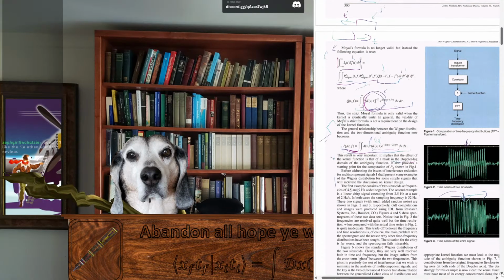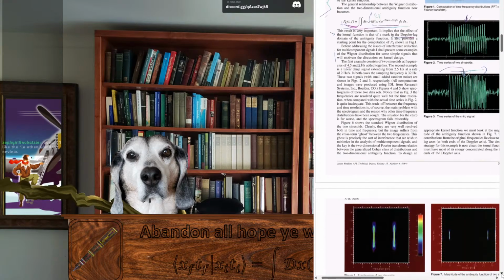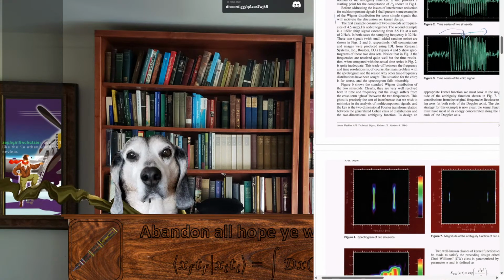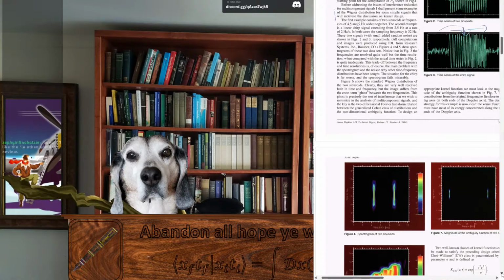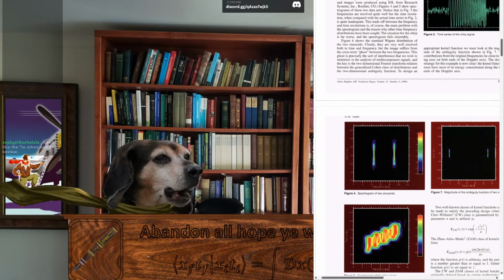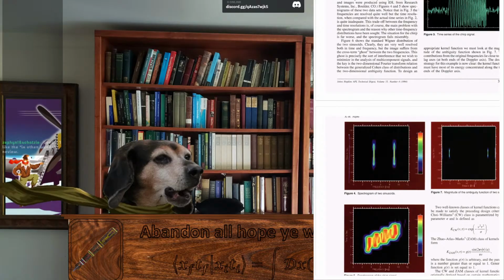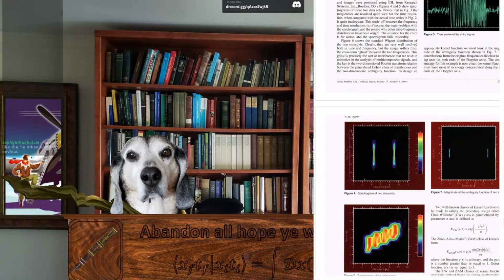So let's go down to figures 4 and 5, the spectrograms of the two data sets. If we look at how we're reading our spectrogram here, this is time and this is frequency.